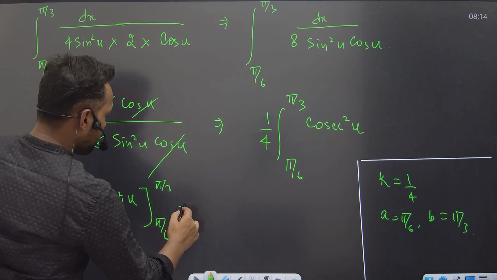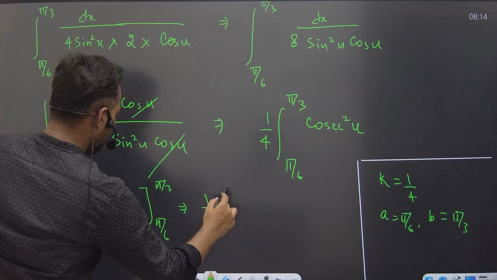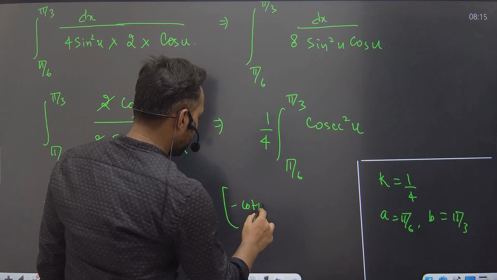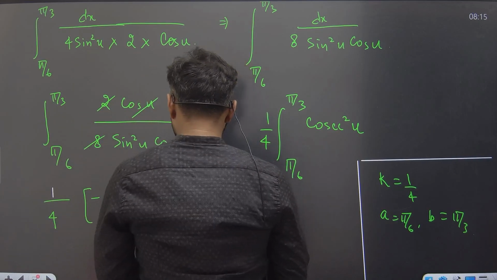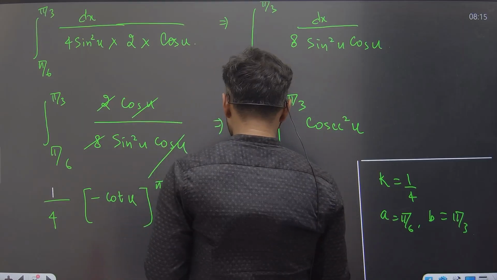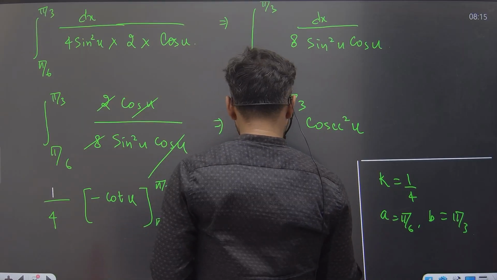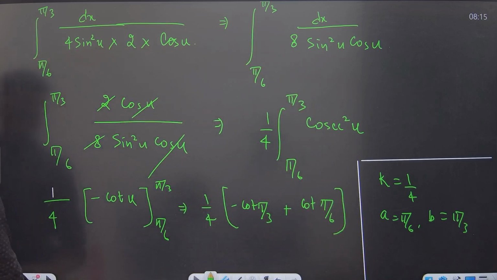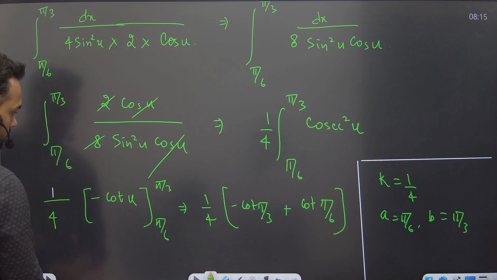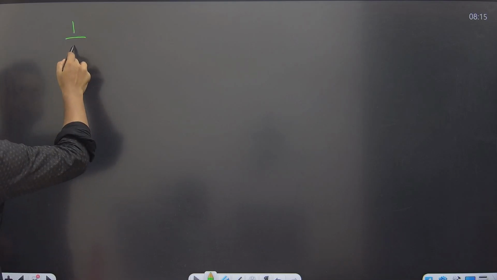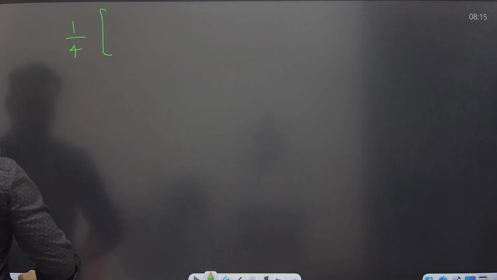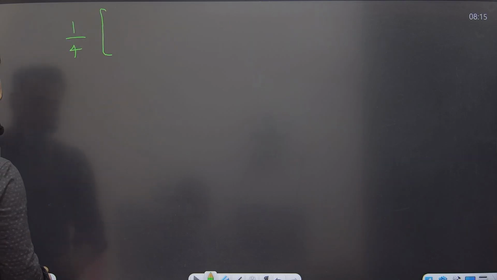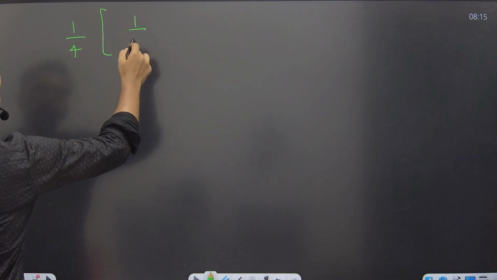So we will get 1 by 4, negative cot pi by 3, and minus of negative cot pi by 6. Negative and negative will be plus, so it will be cot of pi by 6. So it will be 1 by 4 in the bracket, negative cot 60, which is 1 by root 3.